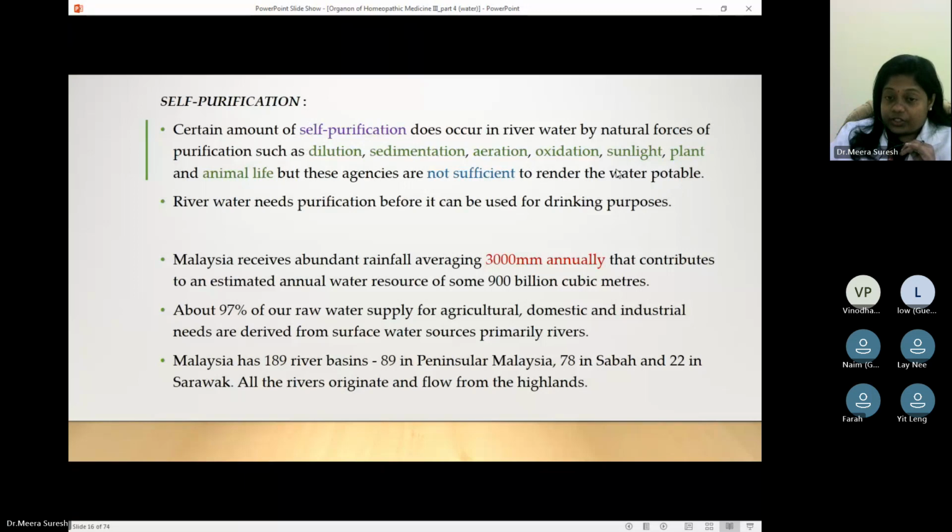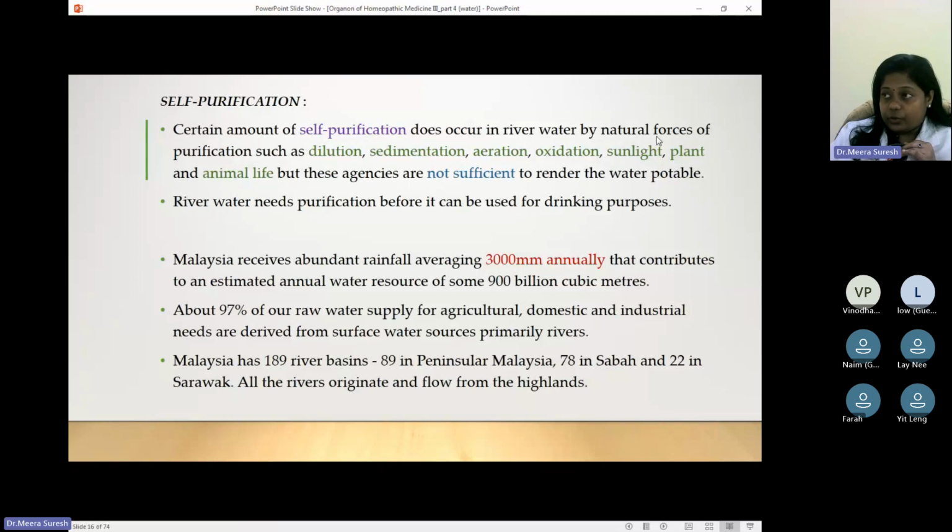Oxidation can happen, mainly because of certain microorganisms present there, by which the organic waste is easily broken down. The effect of sunlight, and plant and animal life, can also do some purification.